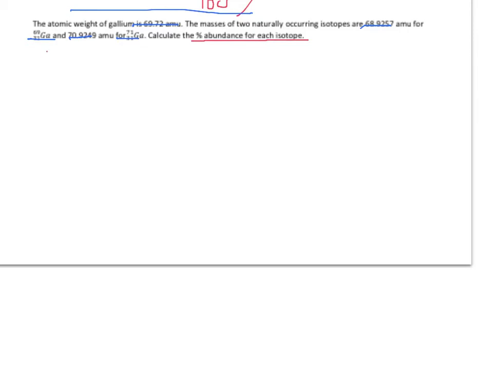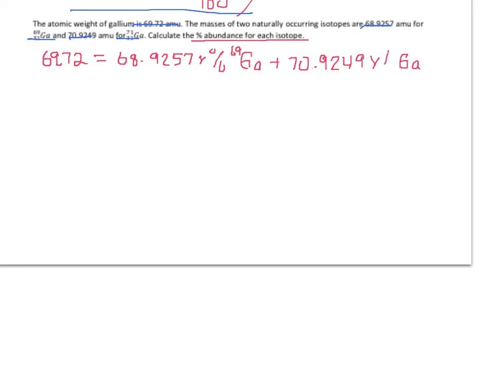Our atomic weight of 69.72 is equal to the mass of our first isotope, 68.9257, multiplied by the percentage abundance of gallium 69, plus the mass of our second isotope, 70.9249, times the percent abundance of gallium 71.